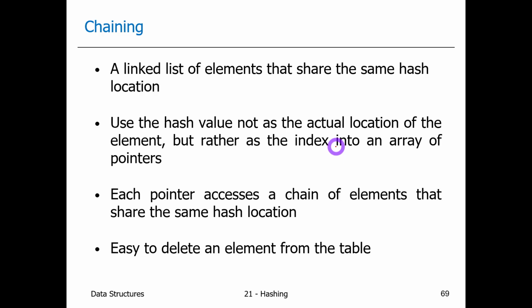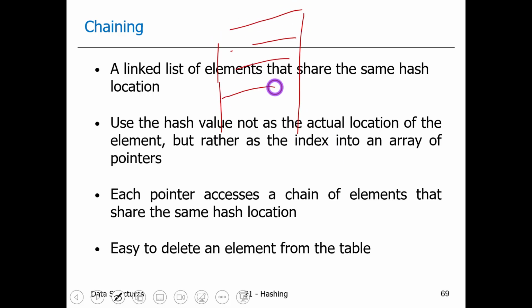The next thing is chaining. Chaining is a method that contains linked lists. It is a linked list of elements that share the same hash location. Very simple. This is your hash table, and at each location there is a linked list like this.